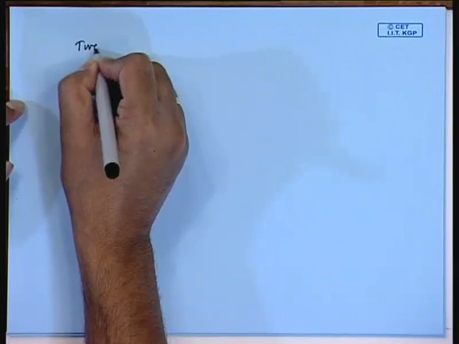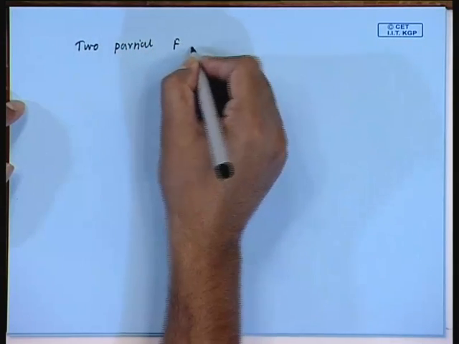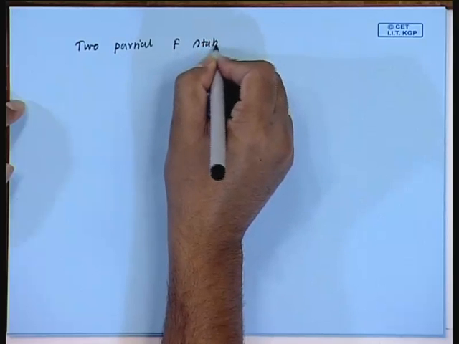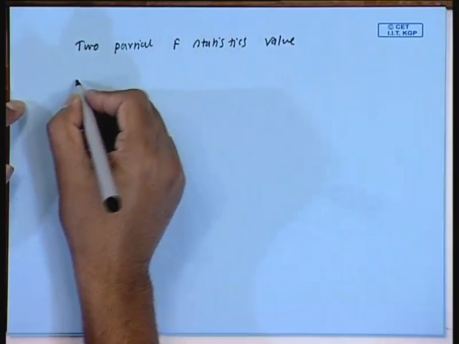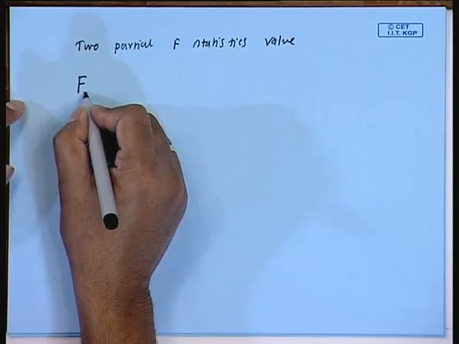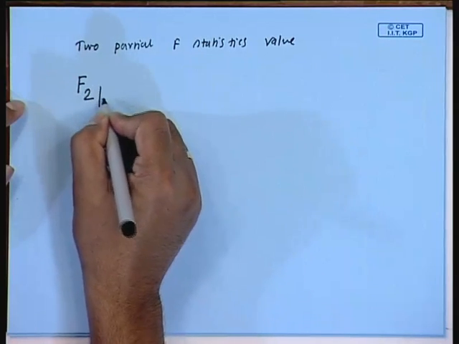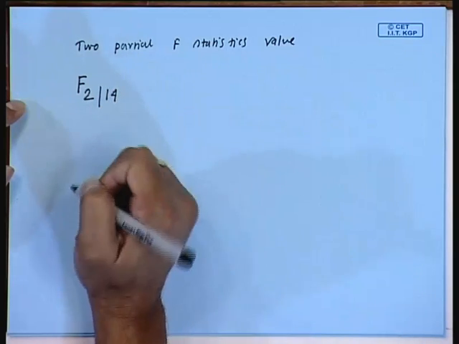We will check these two partial F statistic values. What we do is that we will check the significance of x2 in the presence of x1 and x4 in the model.